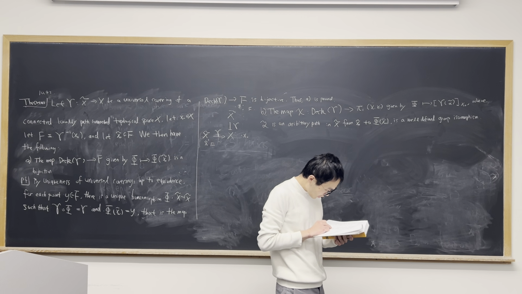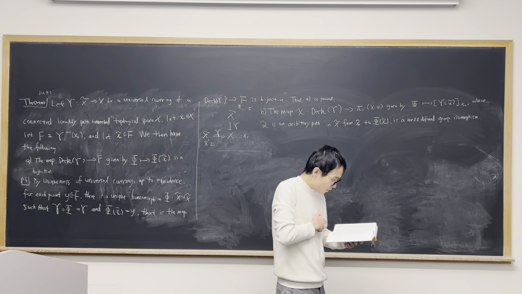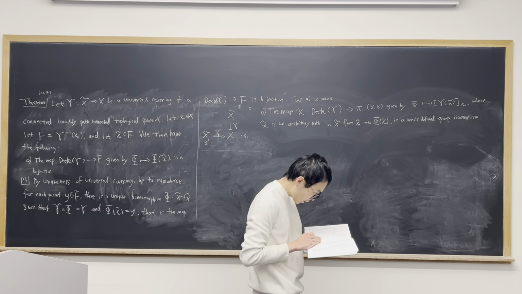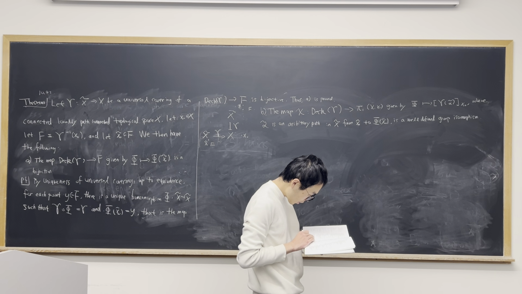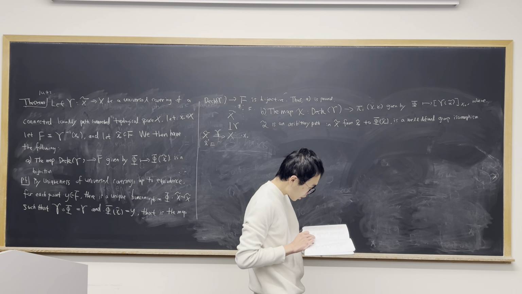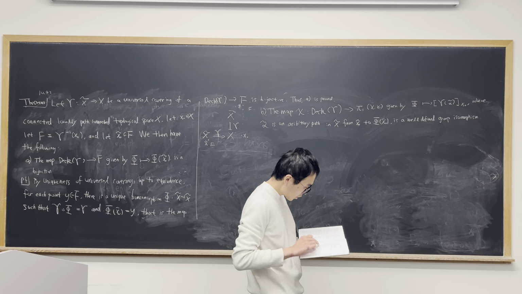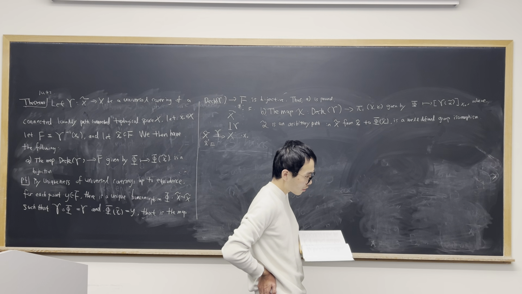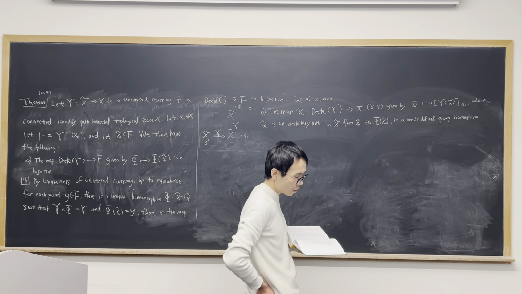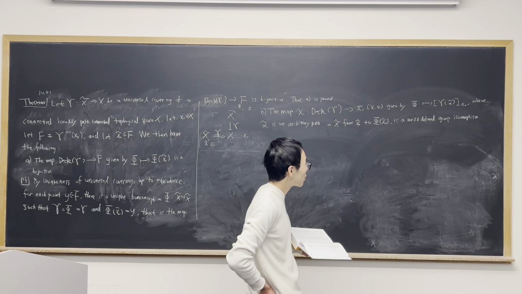I'll leave it to you to verify what isomorphism is, because I couldn't find it. I think it's just that you have a group homomorphism, and it's also injective. It's also a bijection. So that gives you isomorphism.